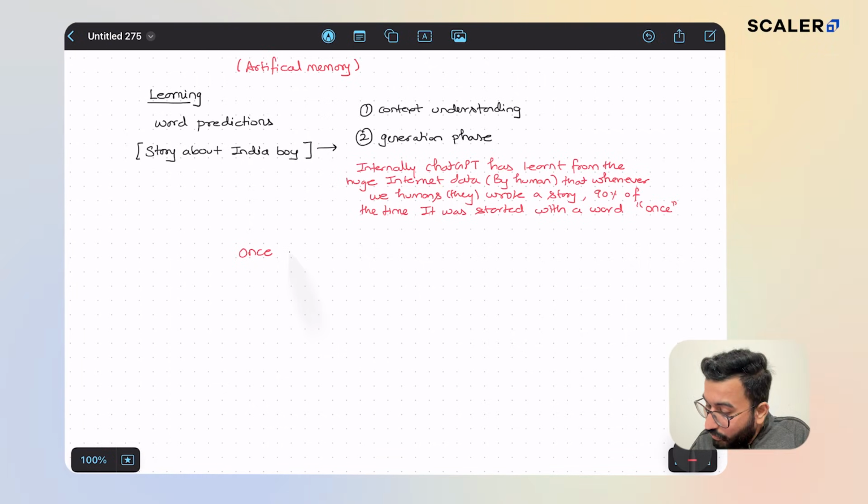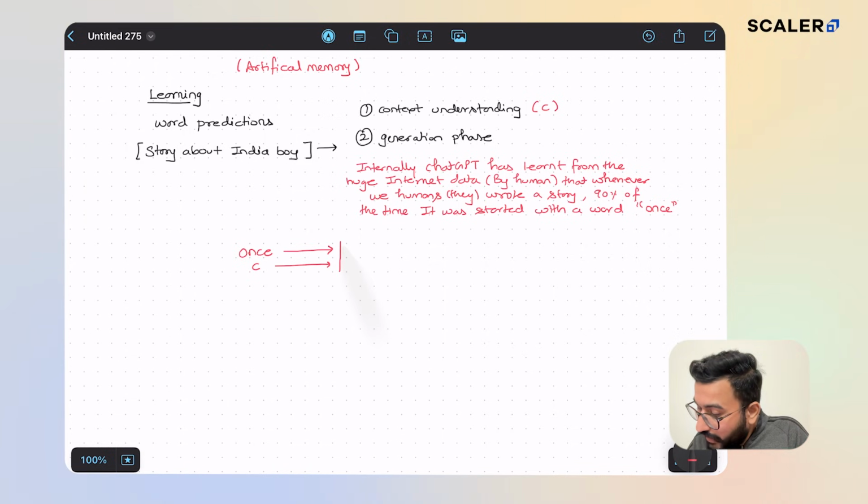So now what will ChatGPT do? ChatGPT will take this word "once". ChatGPT will also take this context. See, context means what actually is the task. So ChatGPT will take the input as context also.